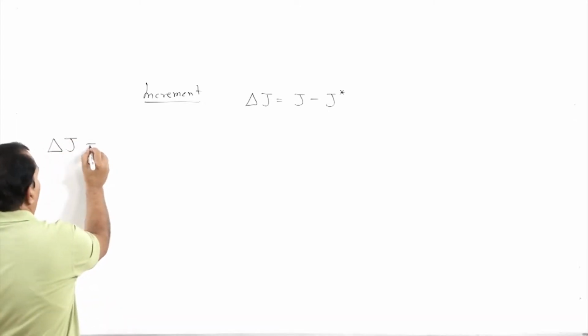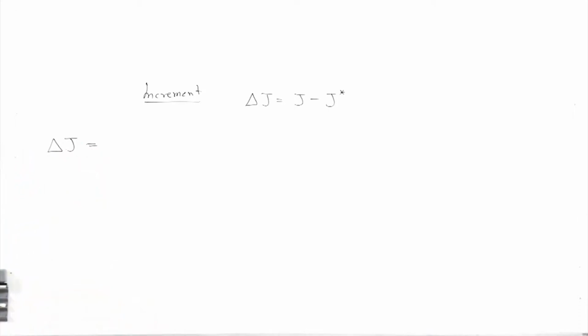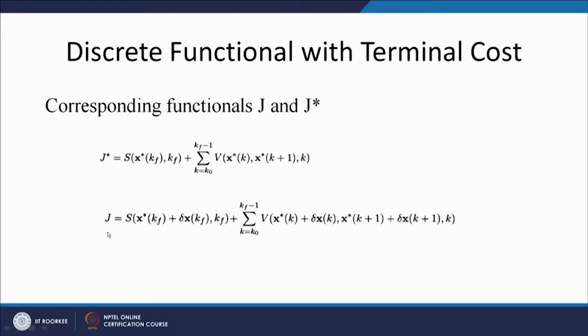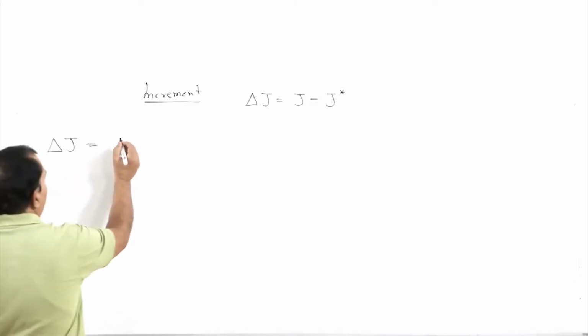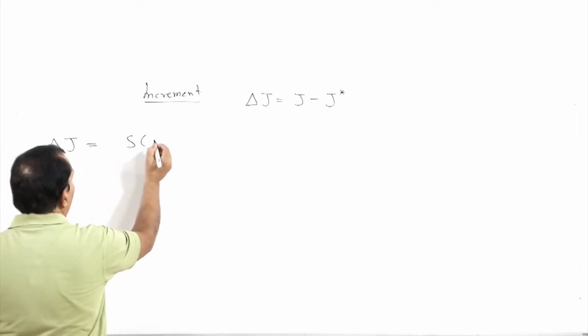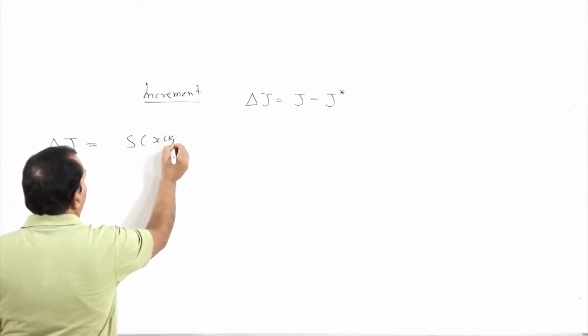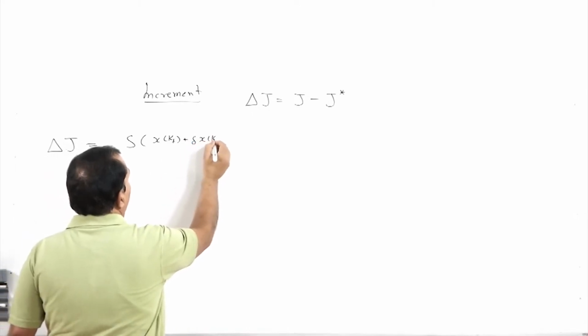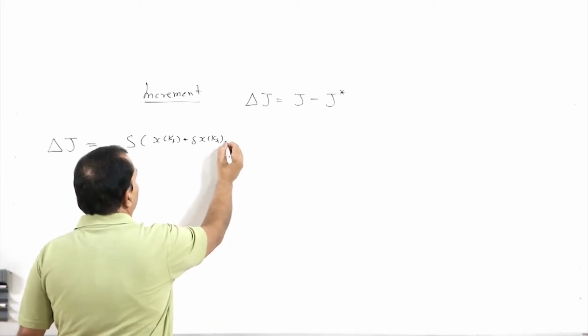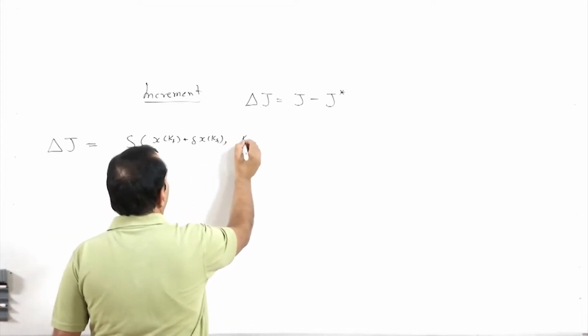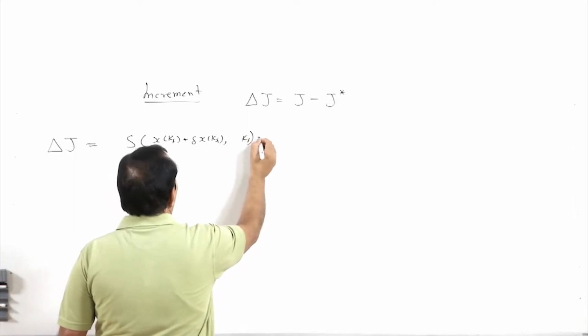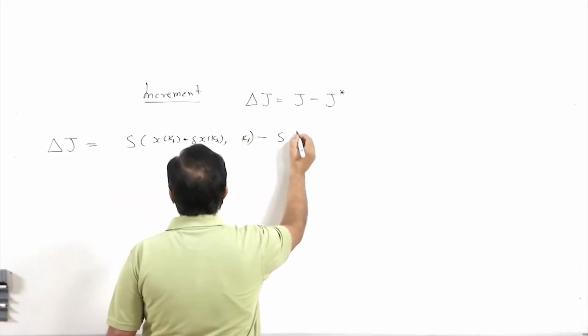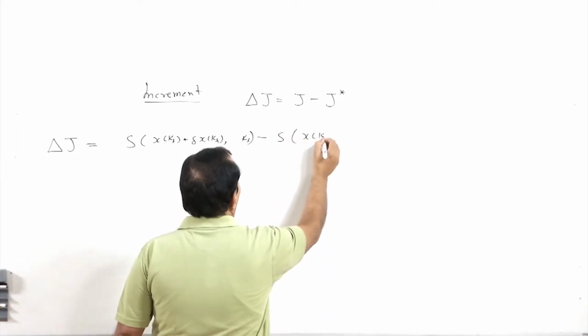As we know, we can write delta j as j, which will have my first term. I am subtracting j star from j. So, this is S of x star kf plus delta x of kf minus S of x star of kf.